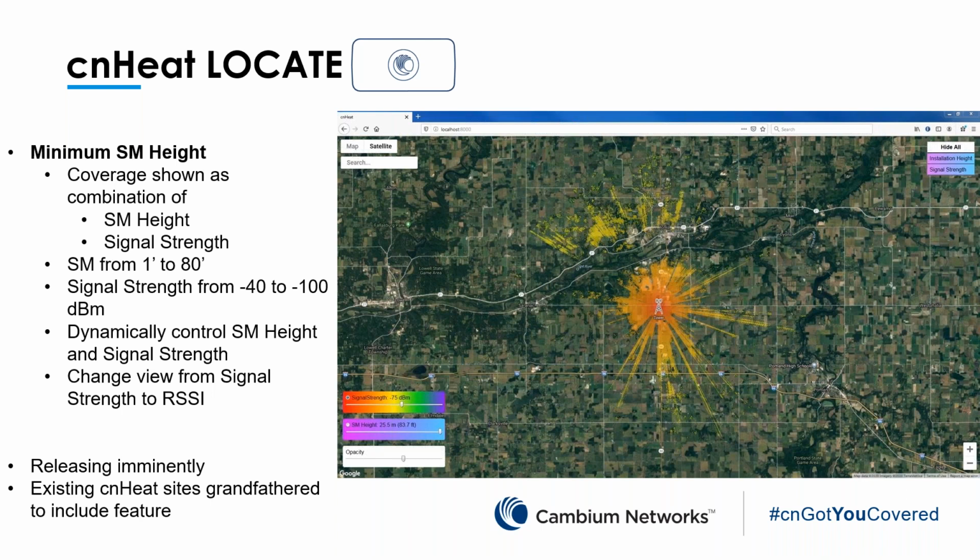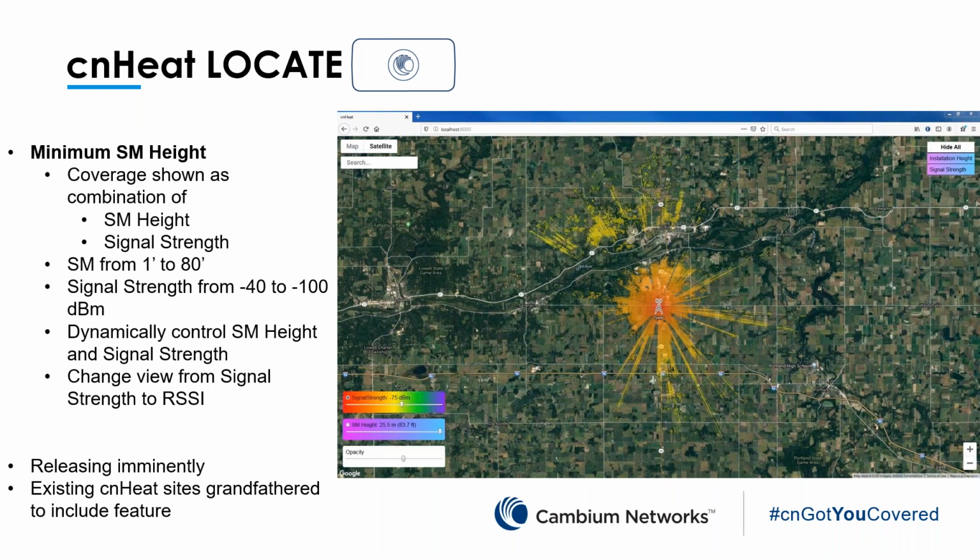You can see your heat maps in two modes: the height that coverage can be reached for an SM, but also the signal strength, and you can switch back and forth between those. For an SM height at customer locations, we can show you how to mount anywhere from 1 to 80 feet, and we can show you all the customers that can get service anywhere from -40 to -100 dBm.